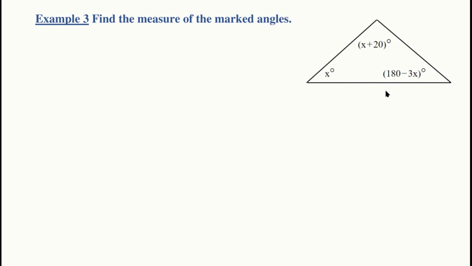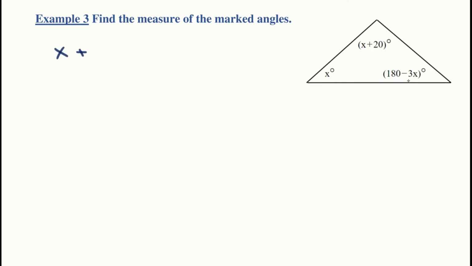Here's a quick application. We want to find the measure of the 3 angles, basically the interior angles of this triangle. Now we know that these 3 expressions are going to need to add up to 180. So that's the equation we start with.